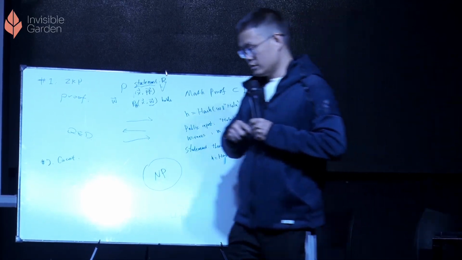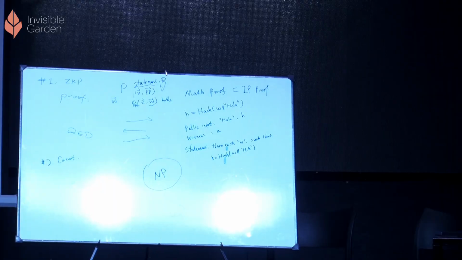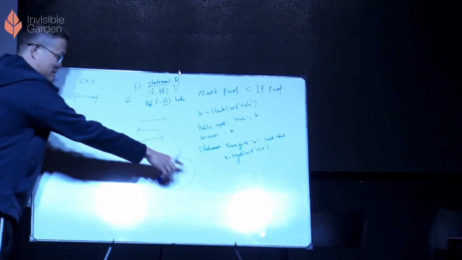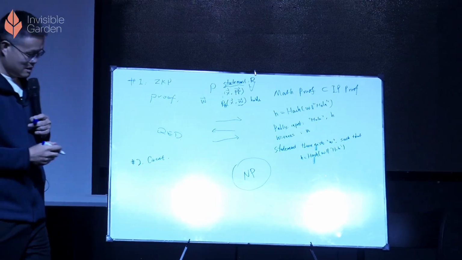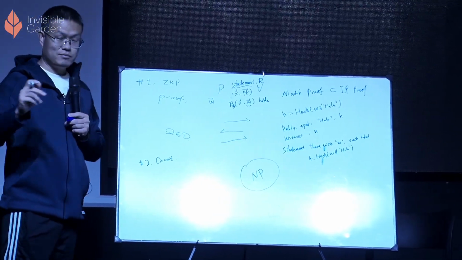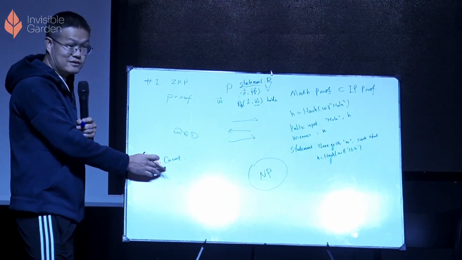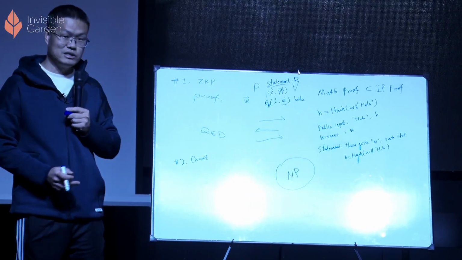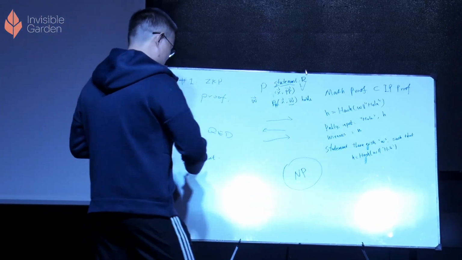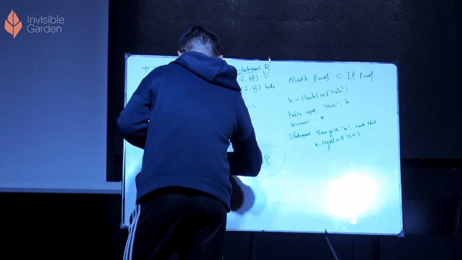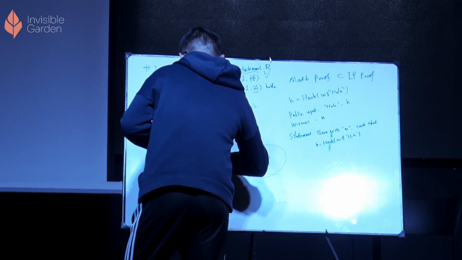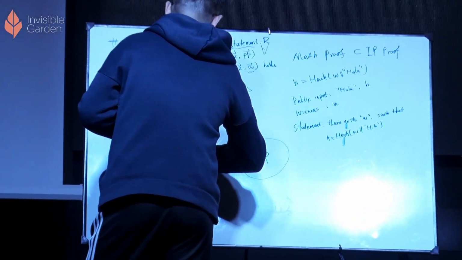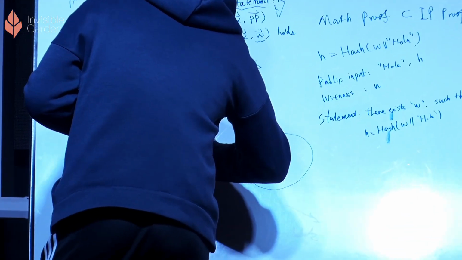For example, there are many problems falling into this NP set. The first problem is the satisfiability of an arithmetic circuit or Boolean circuit. So I should write here: circuit satisfiability.